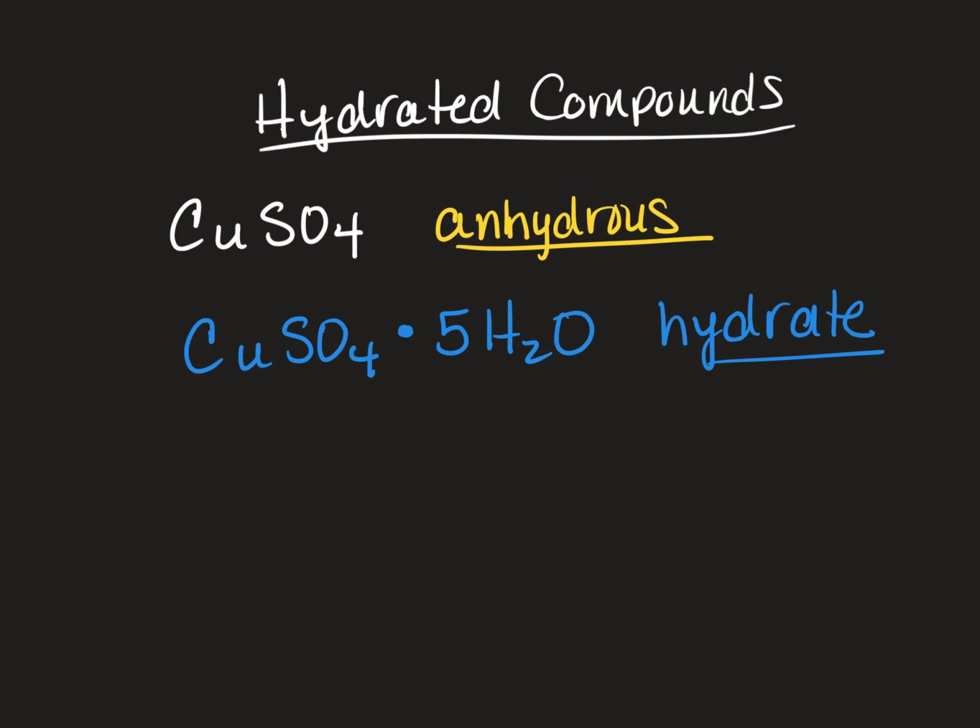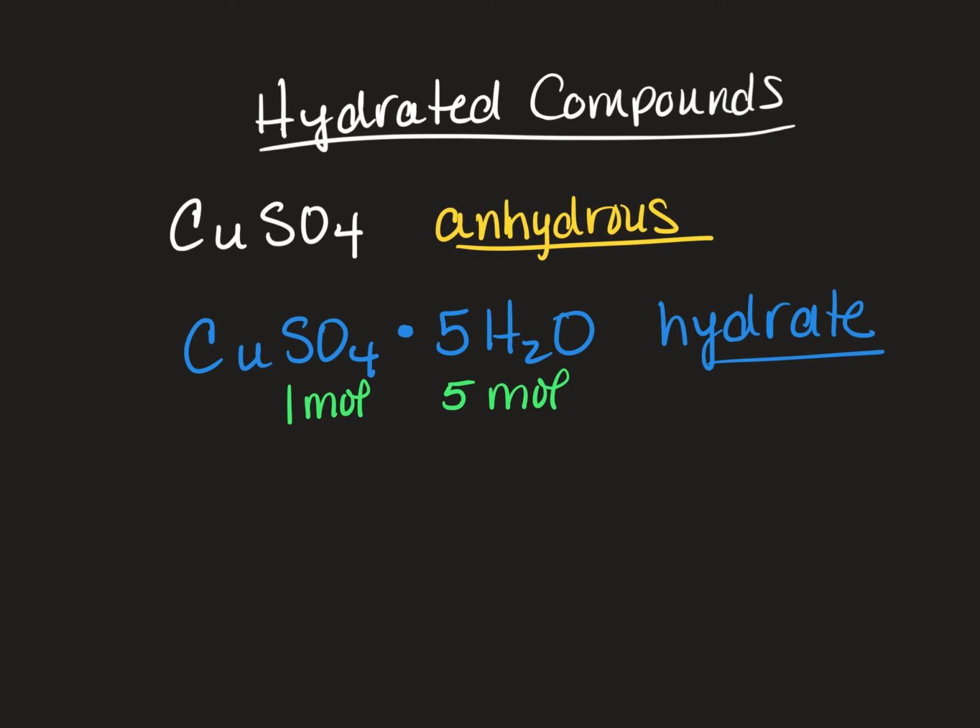So what this means is that for every 1 mole of copper 2 sulfate, 5 moles of water are going to attach to the copper 2 sulfate. And that 1 to 5 molar ratio is very specific for copper 2 sulfate.